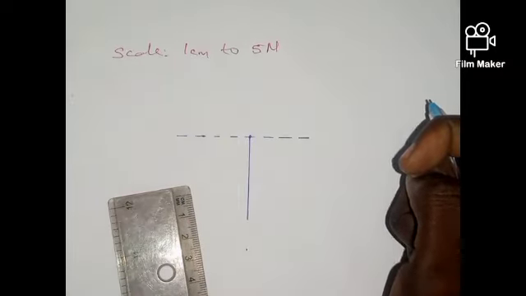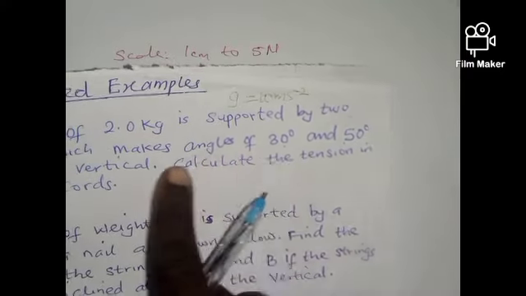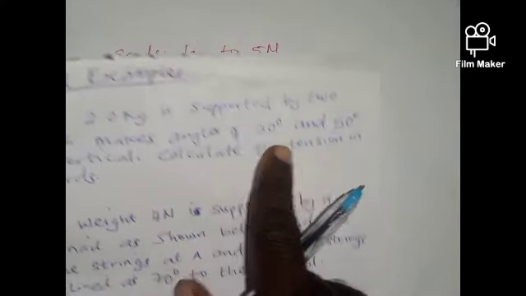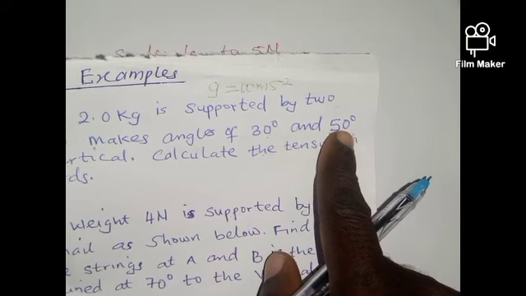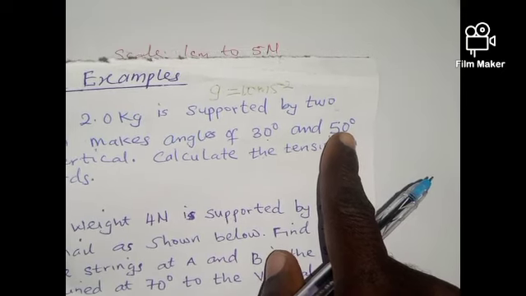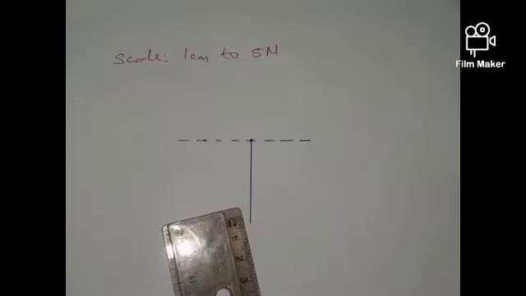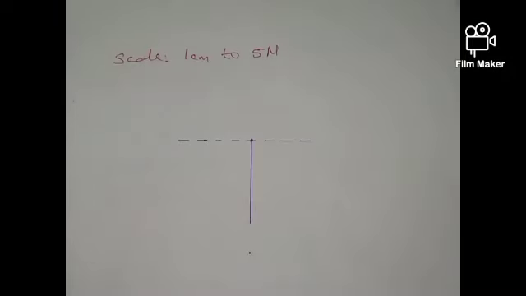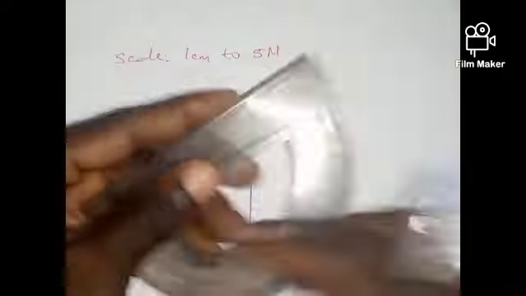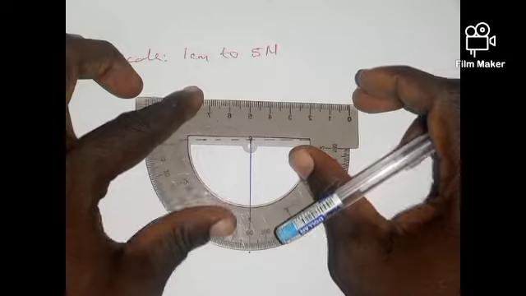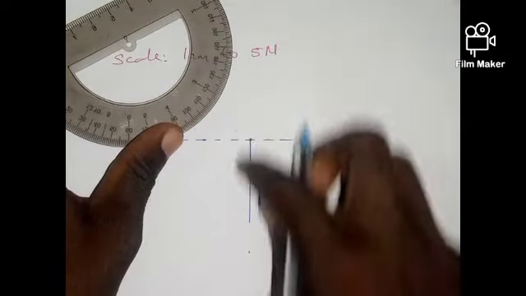Then we go back again. The first makes an angle of 30 degrees with the vertical, and the other 50 degrees with the vertical. Whatever point you want to start from, let me measure 30 degrees from this line.